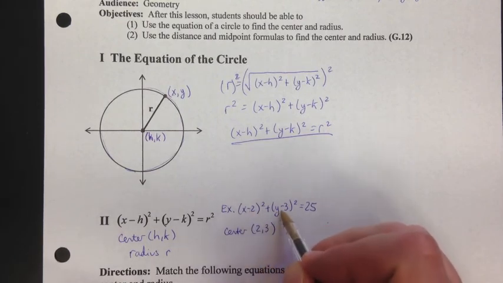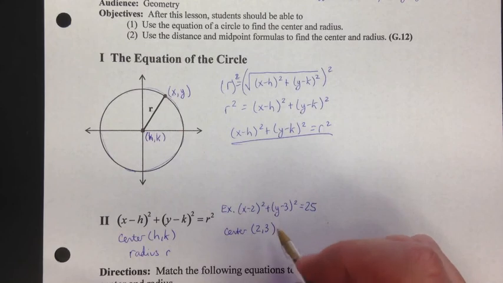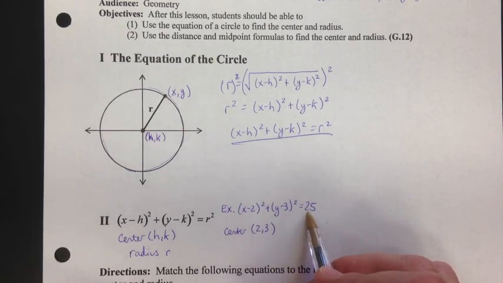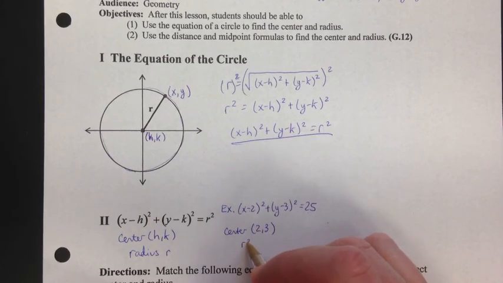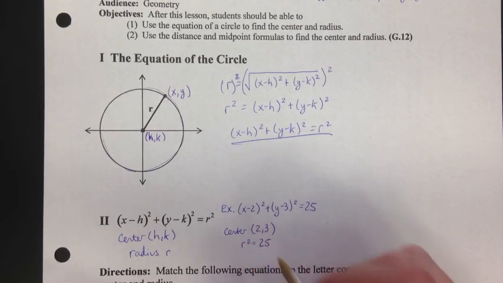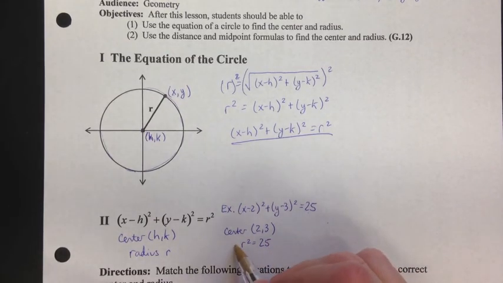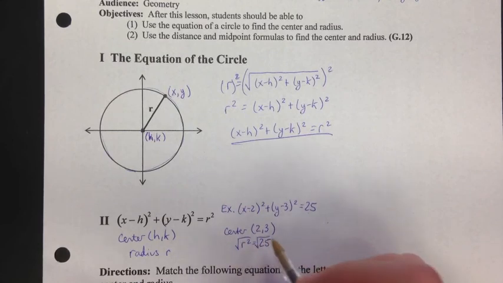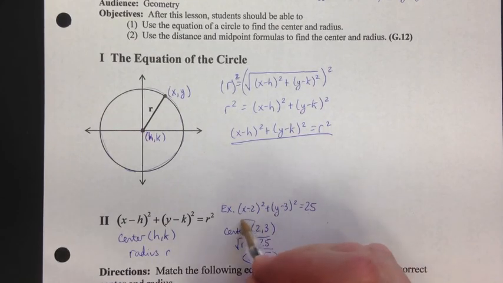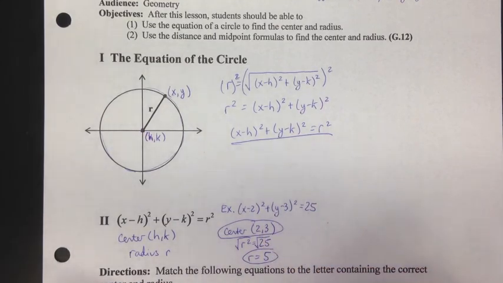It's the opposite of what I see inside the parentheses. Now 25 is not the radius, 25 is the radius squared. So r squared is 25. To solve that, square root both sides, the radius is 5. So the center is 2 comma 3, the radius is 5.